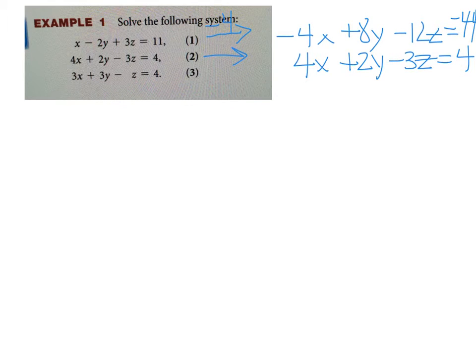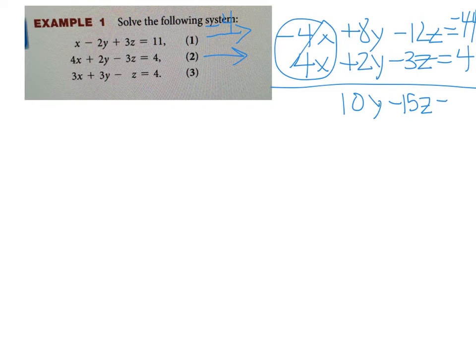So if we add straight down, we have negative 4 and positive 4 eliminate each other. Positive 8 and positive 2 make 10y. Negative 12 and negative 3 make negative 15z. And negative 44 and positive 4 make negative 40. This is going to be your new row 2.